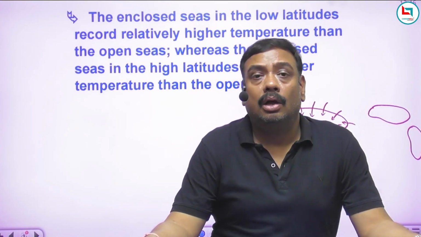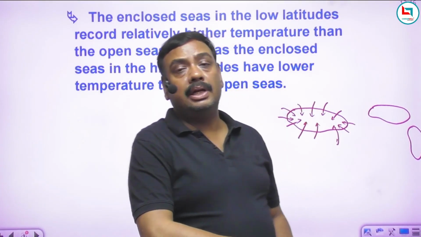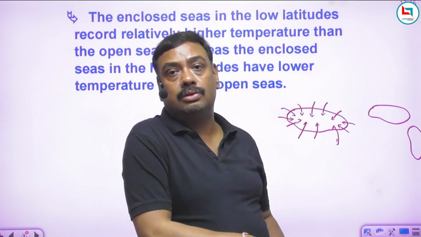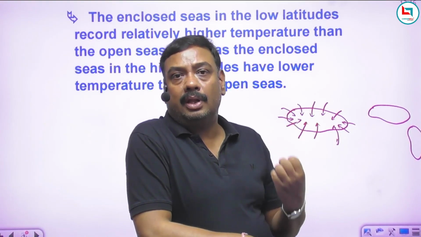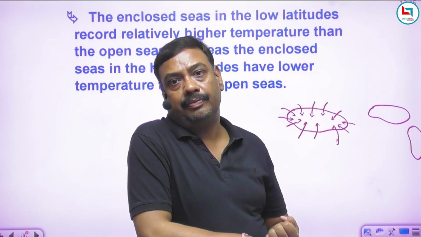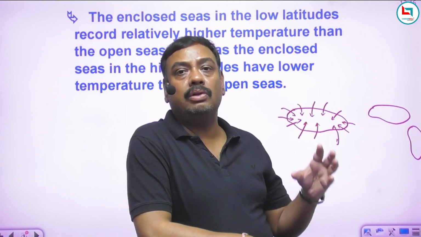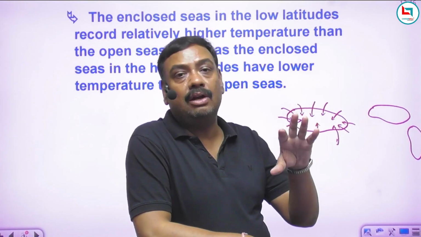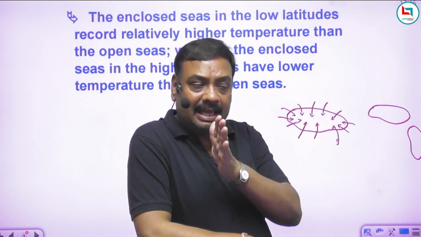Got it? So what is important here to discuss is that in the low latitudinal region, if the sea is enclosed, it is taking a little more amount of heat from the surrounding land, and so the temperature of that enclosed sea is a little more than the open sea in the same latitudinal region.